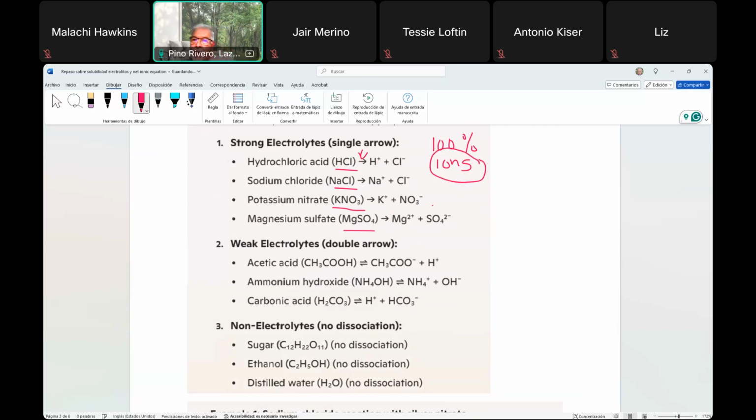Then when I ask you to represent a strong electrolyte, you have to use this representation. It's okay?